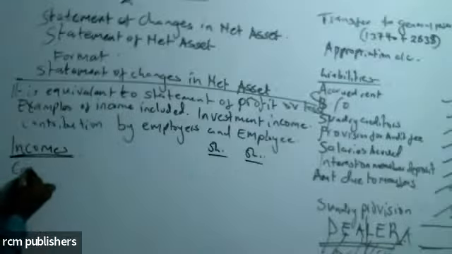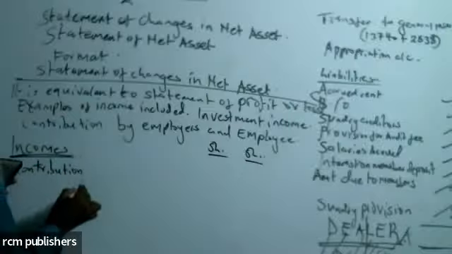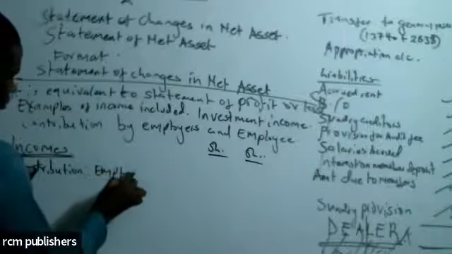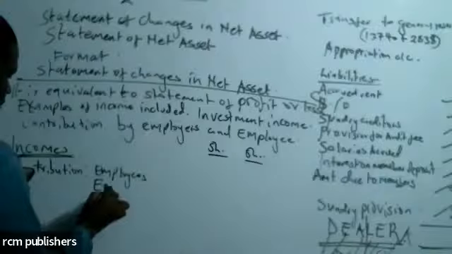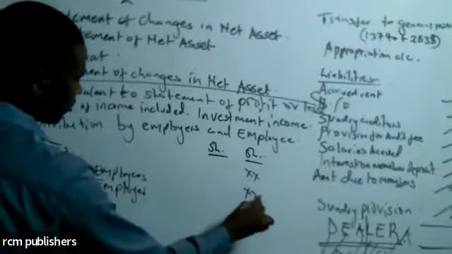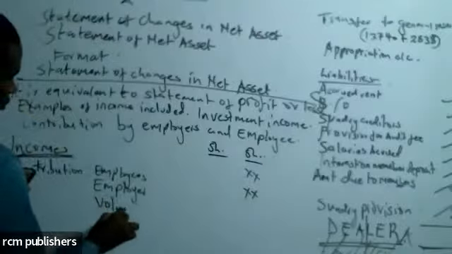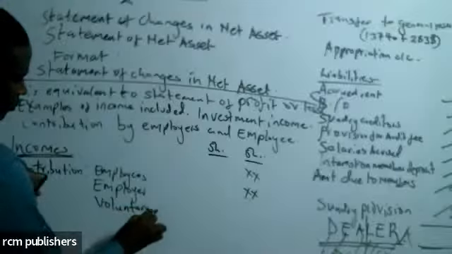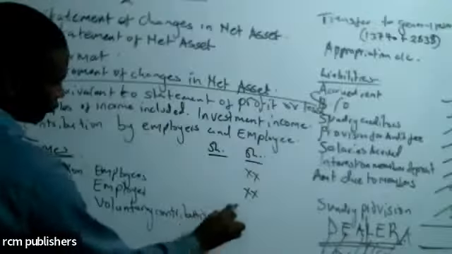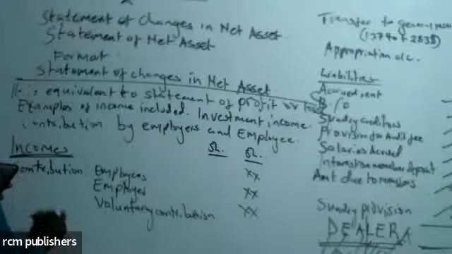Contribution: the employee, the employer, voluntary contribution. Then investment income.